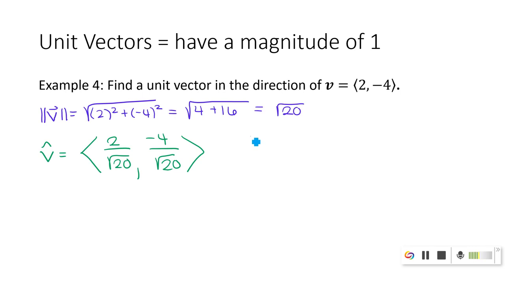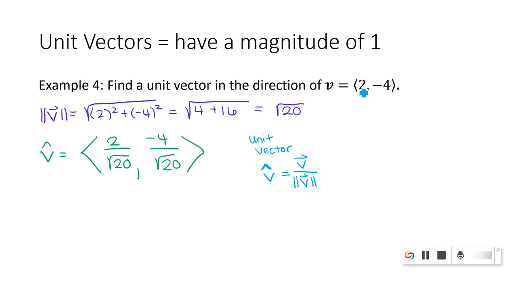So again, what I did here to find my unit vector, and here's another notation thing. When we're talking about unit vectors, sometimes people put these little hats on top of it instead of arrows. Not always, but frequently, a little hat means we're talking about a unit vector. So to find the unit vector in the direction of v, I took vector v, and then I divided that by the magnitude of vector v.